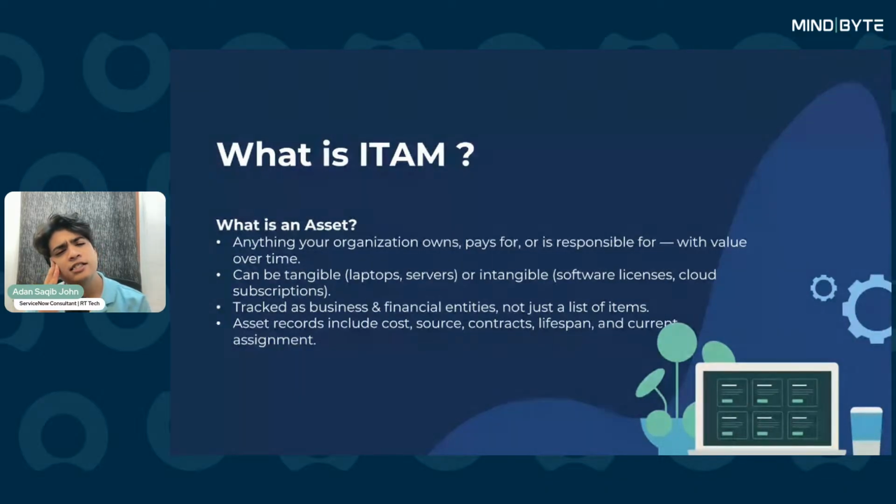So why exactly does that matter? Because every asset has a life cycle. You buy it, you use it, you maintain it, and eventually you're going to end up retiring the asset. That's the life cycle of an asset. If you're not tracking that journey very closely, you can't answer simple but very critical questions about your organization. Questions like, do we need to replace this equipment, or are we paying for unused licenses?